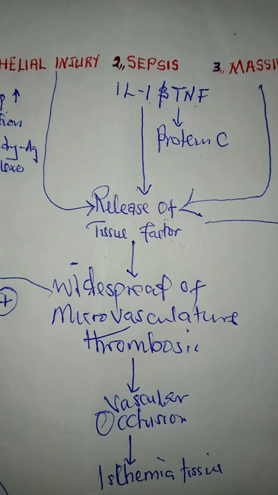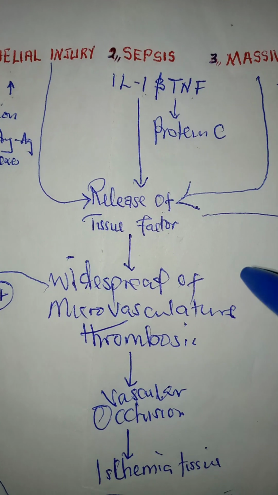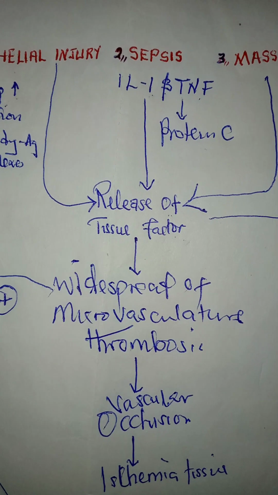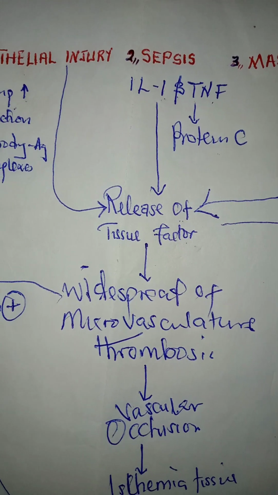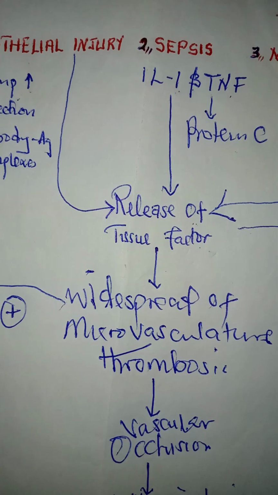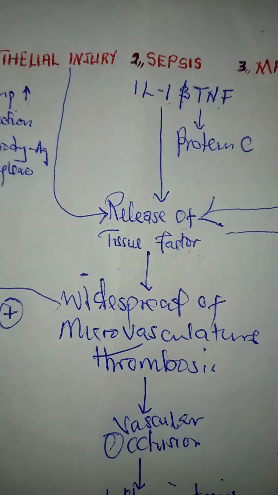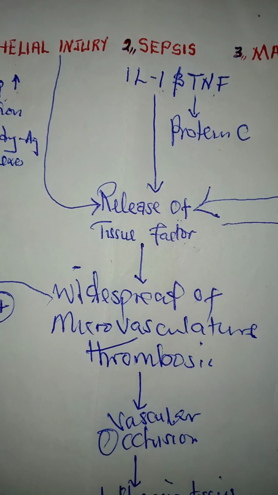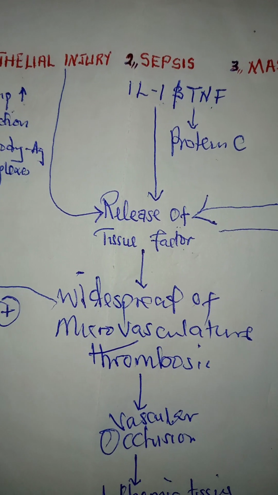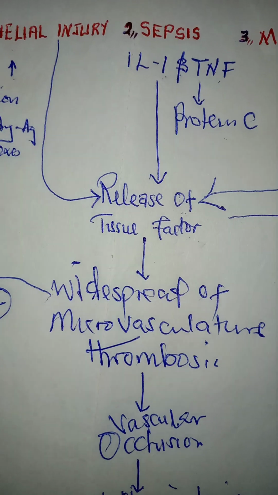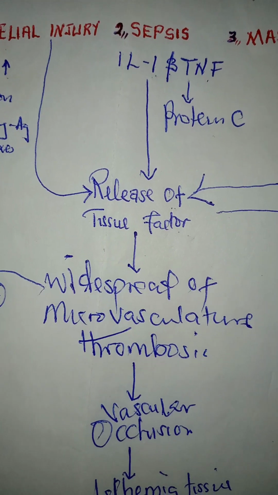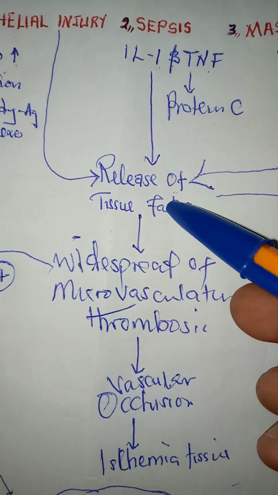A complex goes and activates factor 10. Factor 10 forms a complex with factor 5. Factor 5 and factor 10 convert prothrombin into thrombin, and then the thrombin is able to convert fibrinogen into fibrin, right? So we have our clot, right? So that's what is happening here.